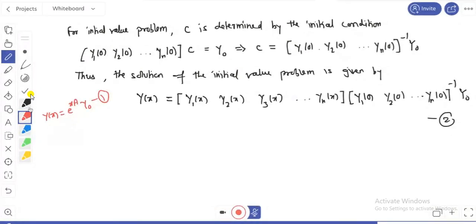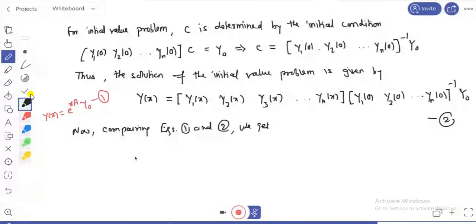If we compare these two equations, comparing equations first and second, we get e to the power xA, because this is y(x), y0.